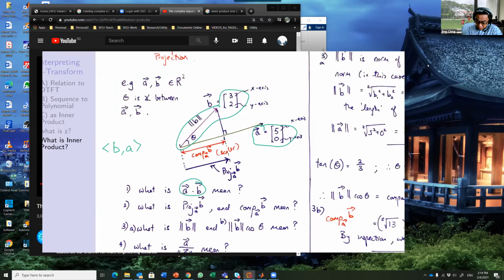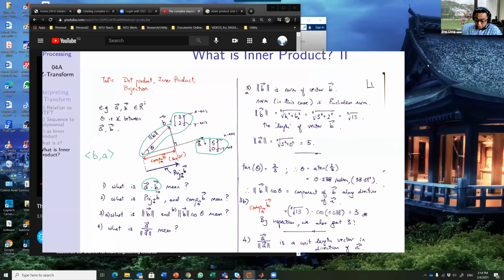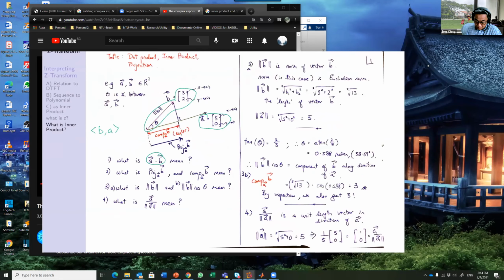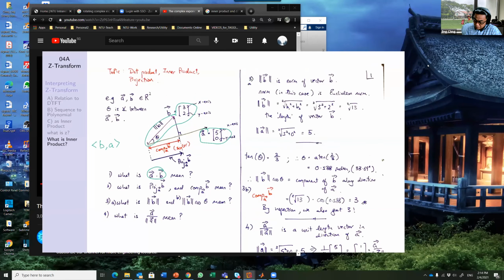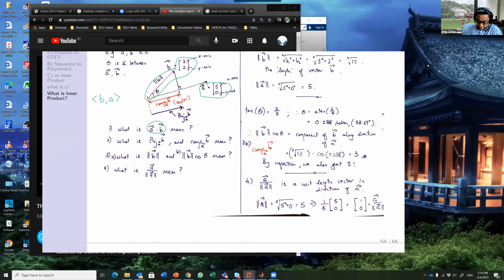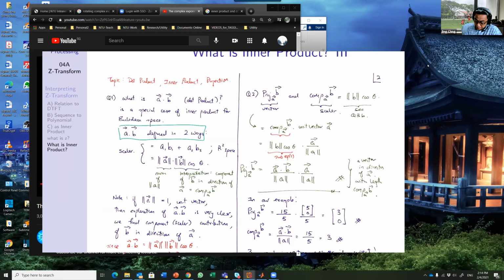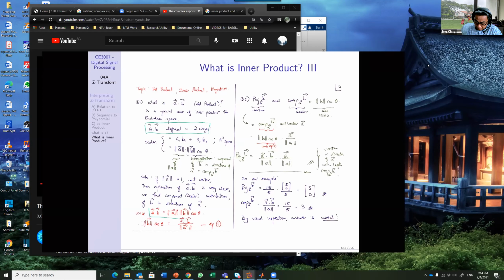A dot B is here. Let me figure this out first. Here's the explanation. Good.